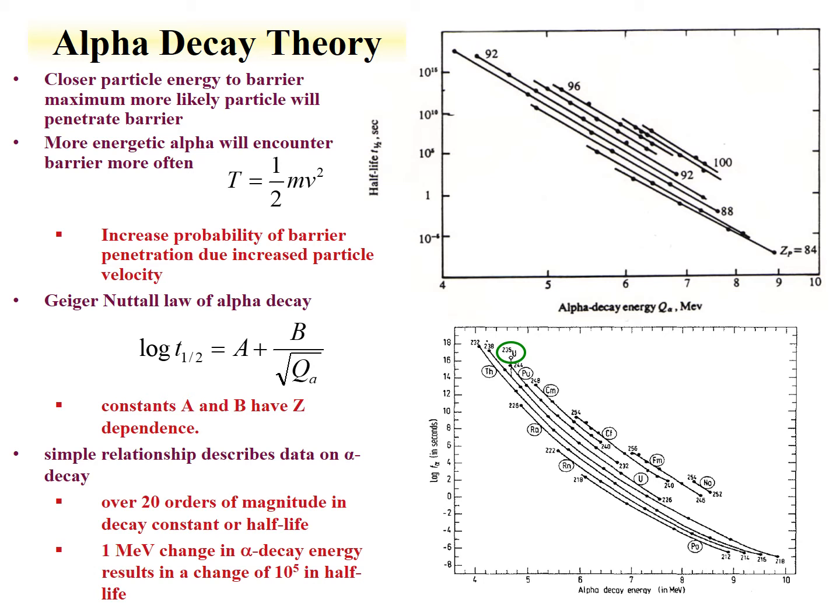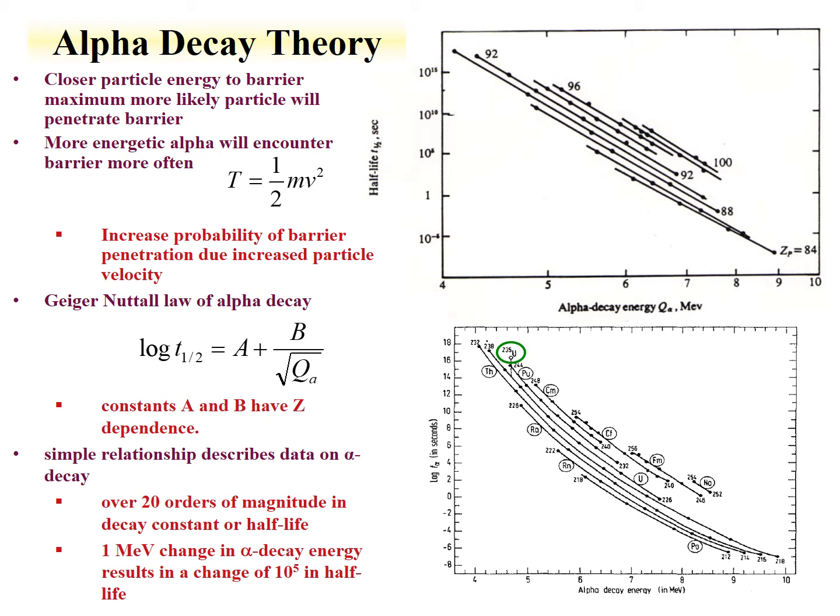Fundamentally, the probability of penetrating a barrier is a consistent factor. The more times I hit the barrier, the more times I can sample that barrier, and the higher the probability in a given unit of time will be the manifestation of penetrating that barrier. Since the particle is going faster, it'll hit the barrier more often in a given amount of time. So this also drives the increase of probability of barrier penetration.